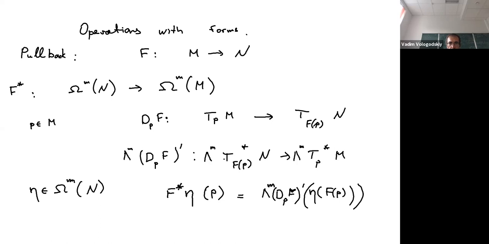You should take the f inverse of this point, but f inverse need not be defined, right? f is not assumed to be a bijection or diffeomorphism. So there could be many preimages. That's why for vector fields you can't do this, but for differential forms it works.